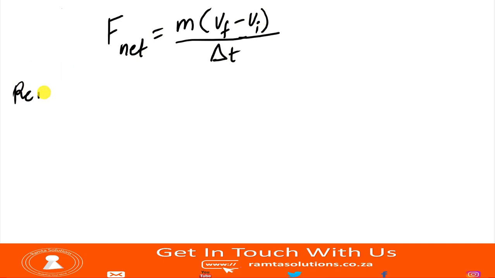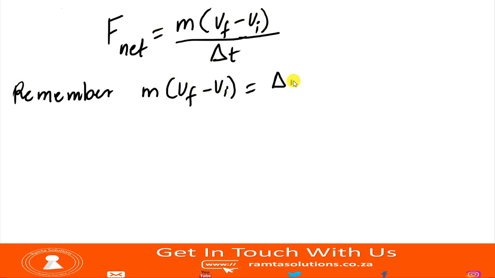Again, remember, this numerator, you have seen it somewhere, right? Remember, m(v sub f minus v sub i) was equal to delta p. So we therefore say F sub net is equal to delta p over delta t.